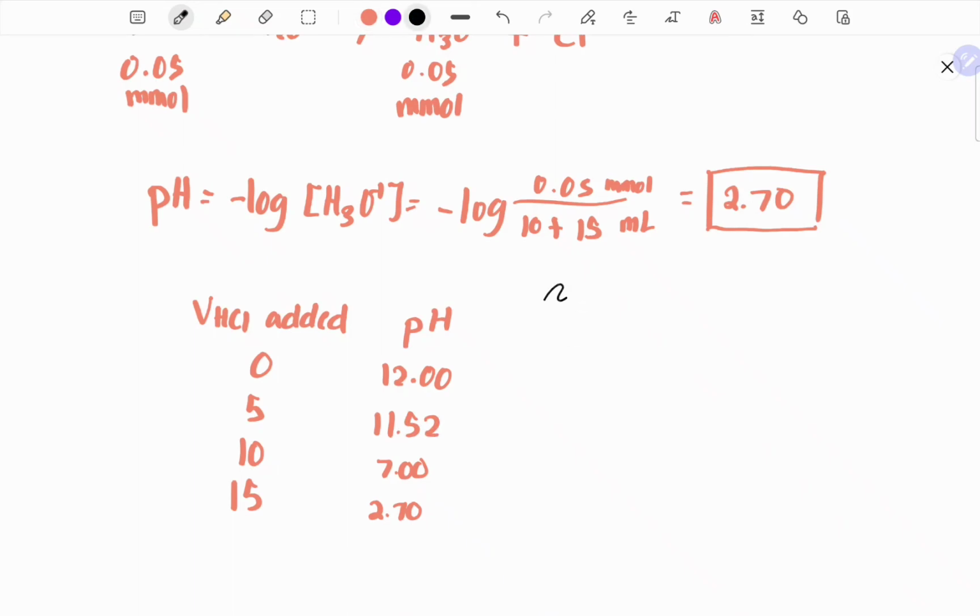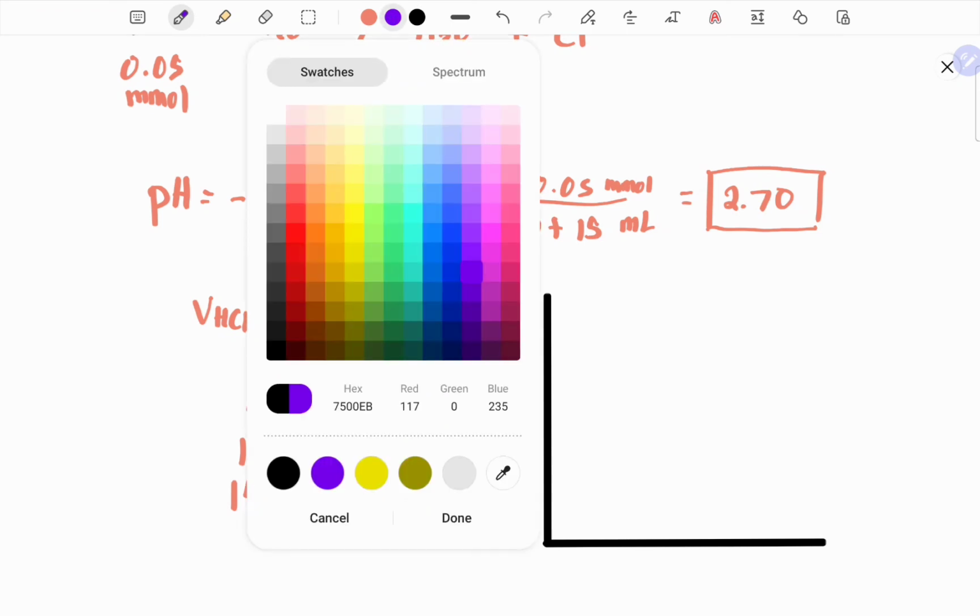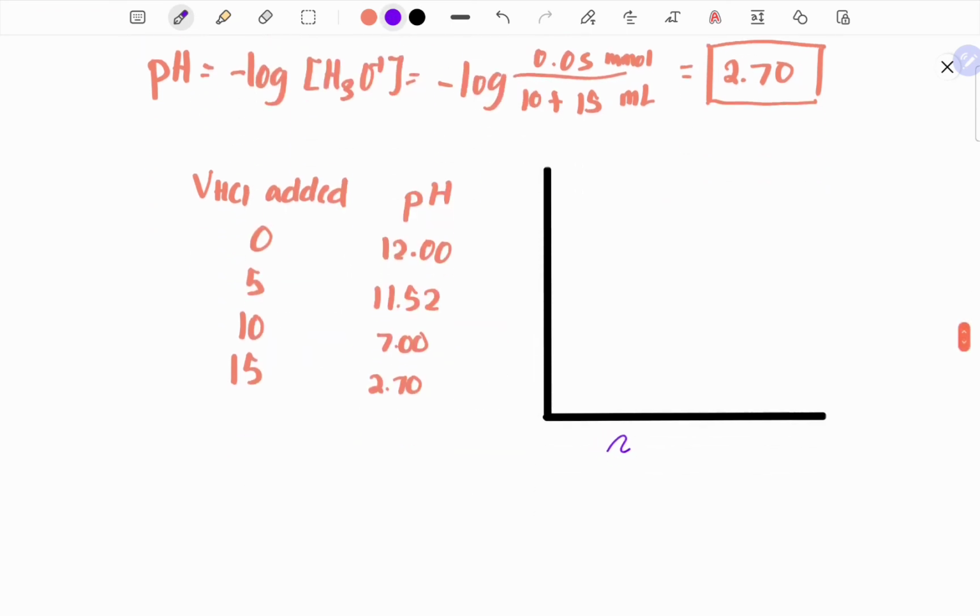Using these values, we can now generate a hypothetical, theoretical titration curve. So again, on the x-axis, it's the volume of titrant, and on the y-axis, it's the pH.